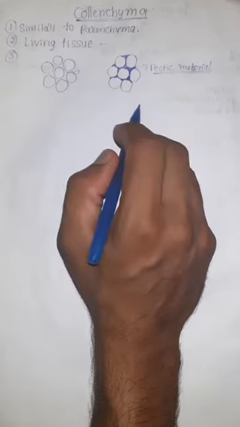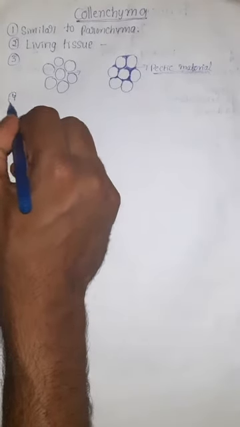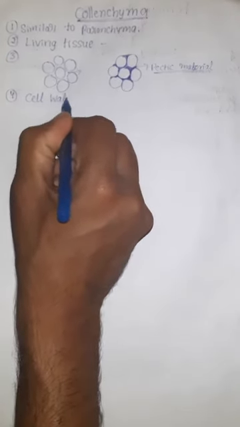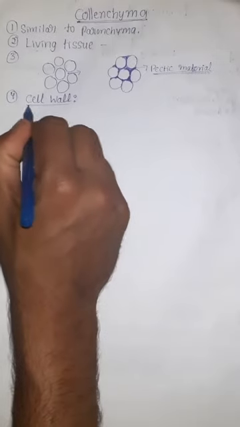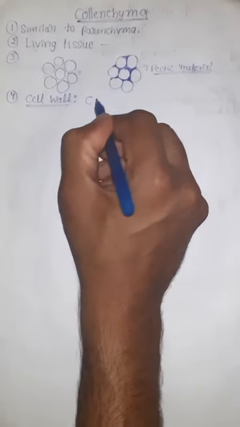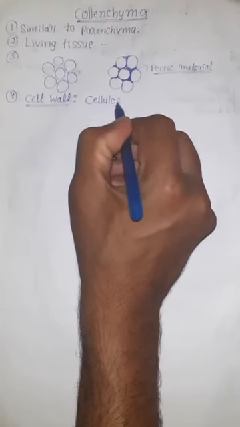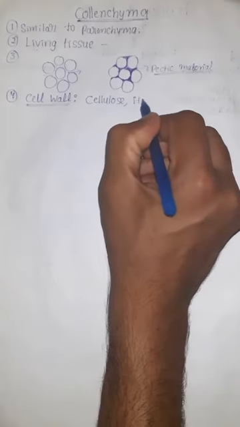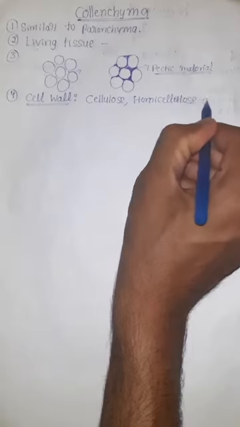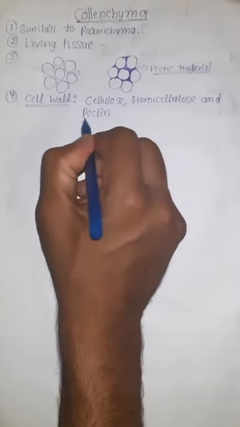Now we will see what the cell wall material is here. In collenchyma, the cell wall is made up of three components: cellulose, hemicellulose, and pectin.